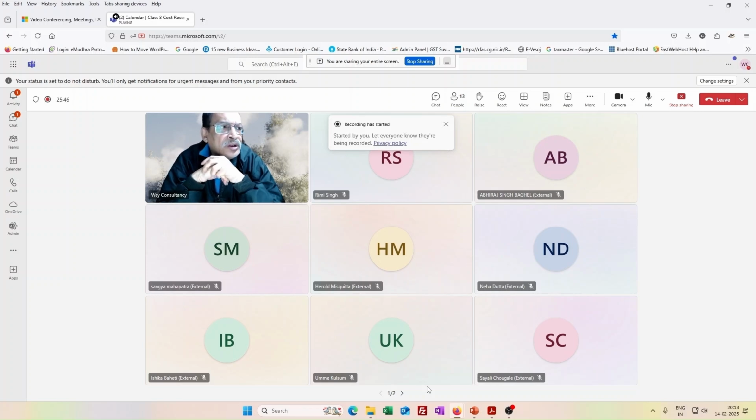Material cost is that cost which constitutes the total production cost. Number one. Number two, material means which exists in the final product.